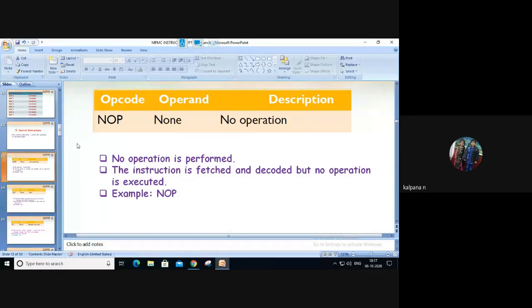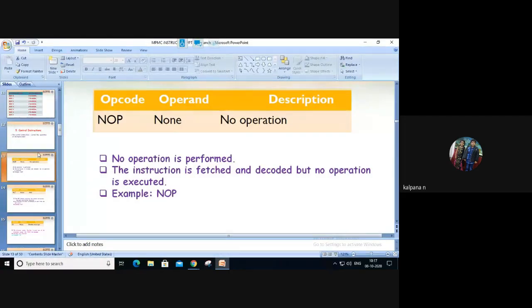Whenever we write the NOP, who is giving this NOP? The user is giving it. With the help of this NOP we are controlling the microprocessor, right? Yes or no? The microprocessor is executing some program, and suddenly, while executing that program, we have written one instruction: after execution of 50 instructions, NOP. What is the meaning of that NOP? No operation to be done: no execution, no fetching, no decoding.